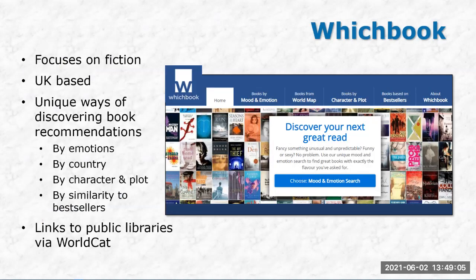This is a new one that is not well known. It is based in the UK, but it does have connections to public libraries all over the world. It focuses on fiction, but it has a unique way of finding recommendations for new reading.